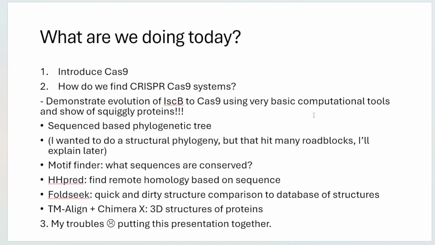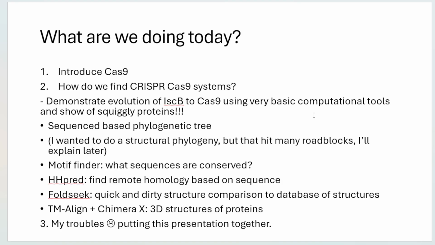You'll see that difference later, but in a nutshell, it's more sensitive than Motif Finder. It'll find remote homology based on the sequence, so it'll find a potential structure that may not have been considered to likely fit the protein sequence if you had put it through Motif Finder, for example. So it's just essentially more sensitive.